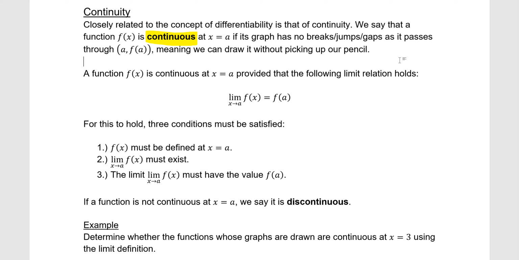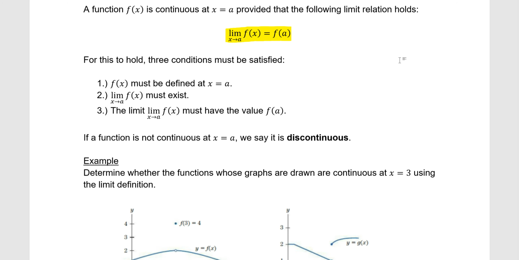The actual definition is as follows. A function f of x is continuous at x equals a, provided the limit of f of x as x approaches a equals f of a. That means the limit is going to one place and the function evaluated at that point is the same exact value as the limit. Technically, for this to hold, three conditions must be satisfied.